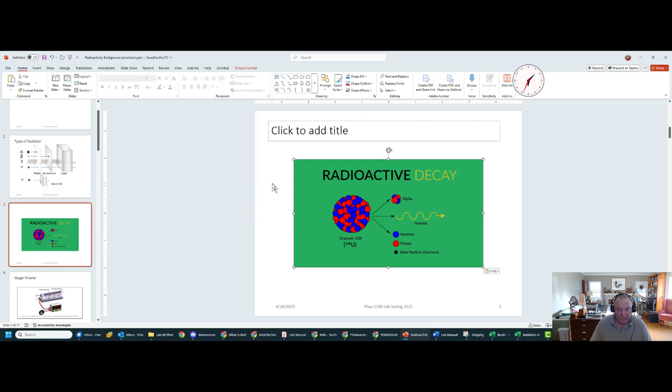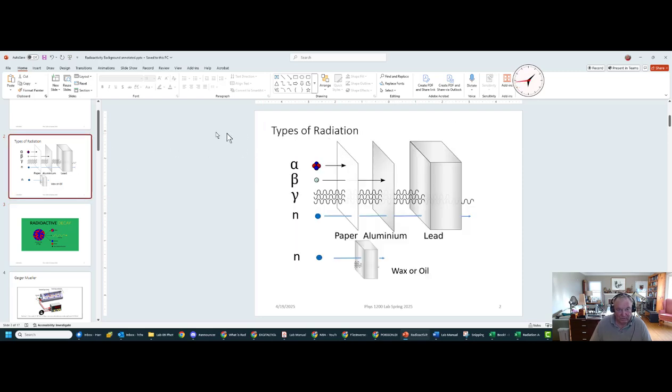Very good. So, alpha particles are chunks of a nucleus, and in fact, they're a helium nucleus, 2 protons, 2 neutrons. They're very heavy, and they have a charge of 2, and they don't travel very far, and they can be blocked by, say, a piece of paper. In fact, inside smoke detectors in your house, they use a radioactive source with alpha particles, but unless you break it open and eat it, it's perfectly safe.